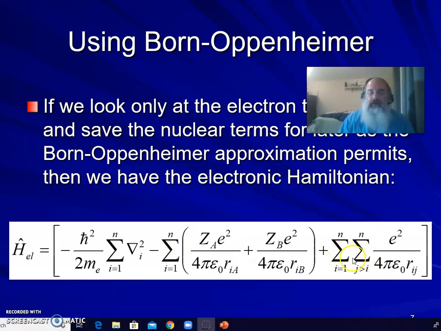And then we've still got the electron-electron repulsion terms, as well as the electron kinetic energy terms. So we're going to pick up here in the next video and start to look at how this Hamiltonian might act on a wave function for a bonding orbital.